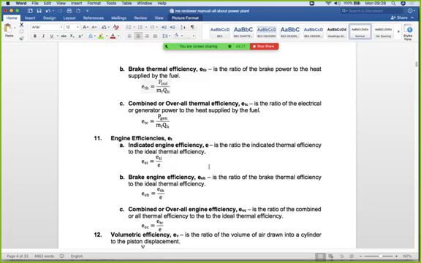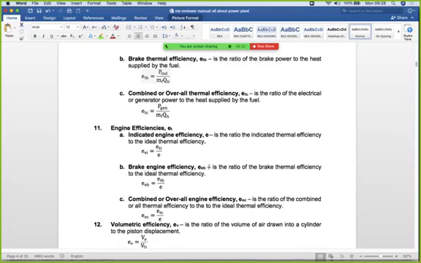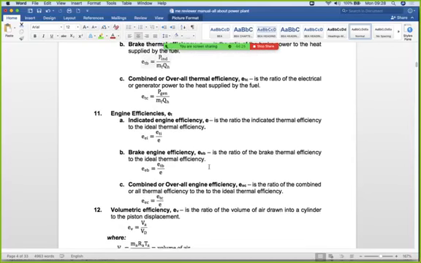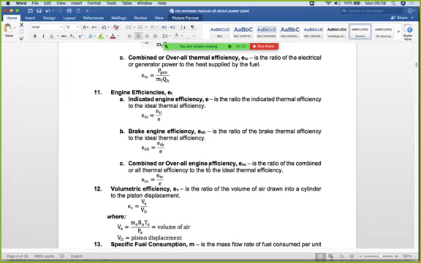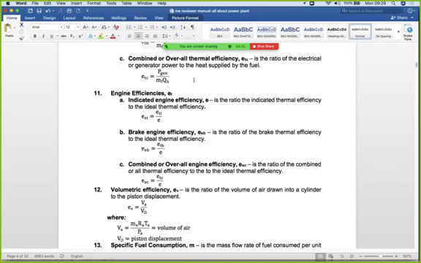So we have also the combined or overall thermal efficiency. So we know last time that we can combine diesel and gasoline engine. So for combination or overall thermal efficiency is the ratio of the electrical or generator power to the heat supplied by the fuel. So that's generator over fuel.